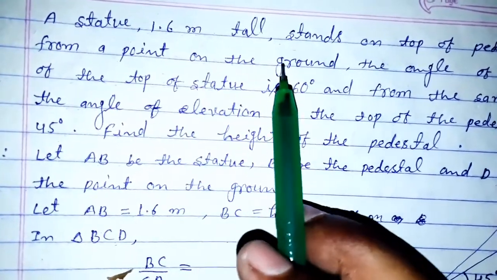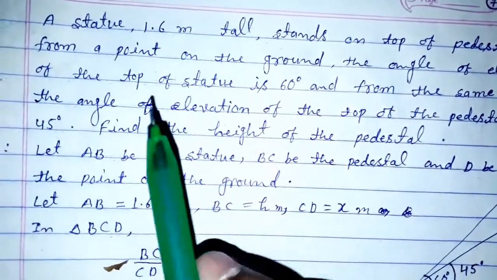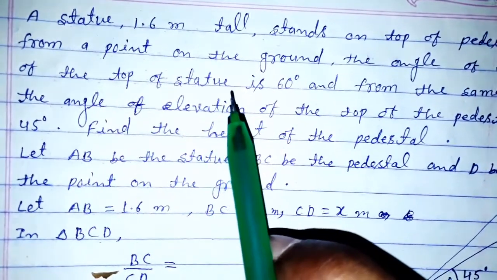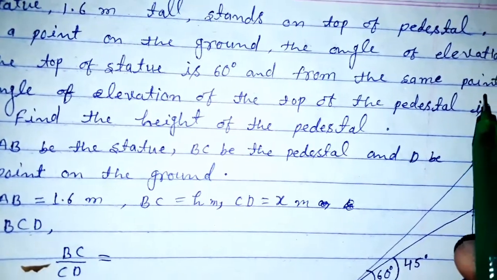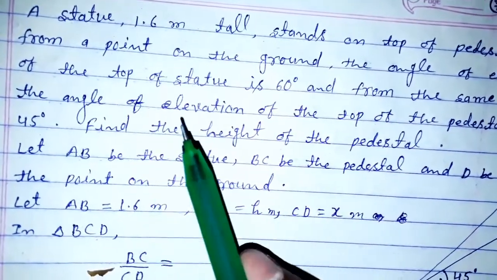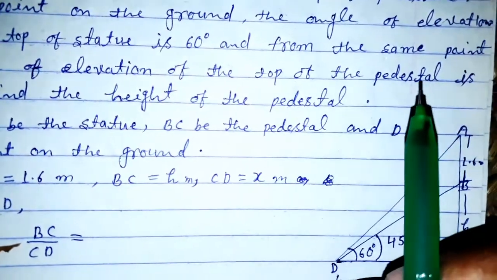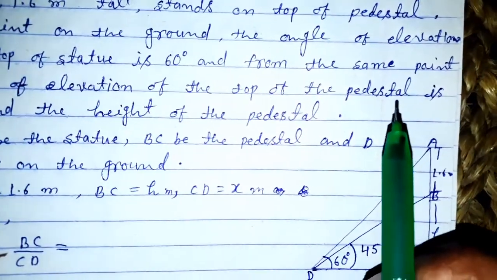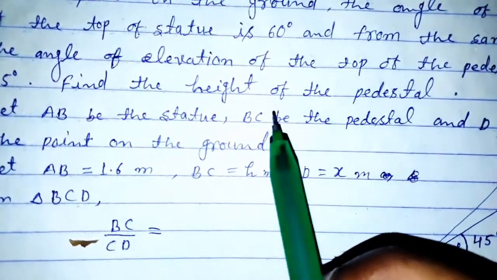From a point on the ground, the angle of elevation of the top of the statue is 60 degrees, and from the same point the angle of elevation of the top of the pedestal is 45 degrees. Find the height of the pedestal.